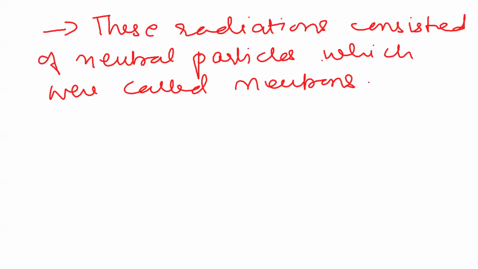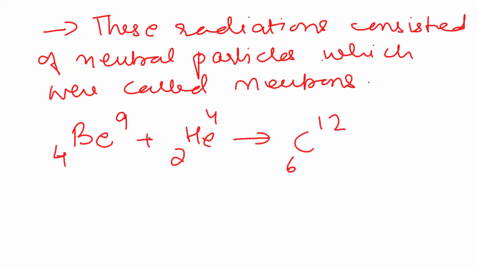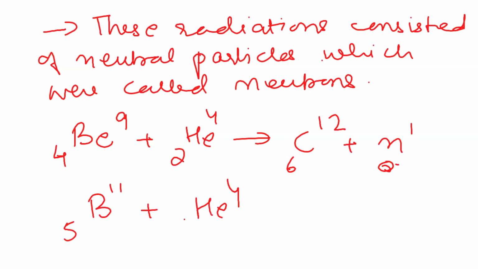You will write bombardment with beryllium, Be 9, 4. When bombarded by helium, you got carbon 6 plus neutron was emitted. Similarly, boron 11 plus helium 4, 2 gave nitrogen 14 plus neutron.